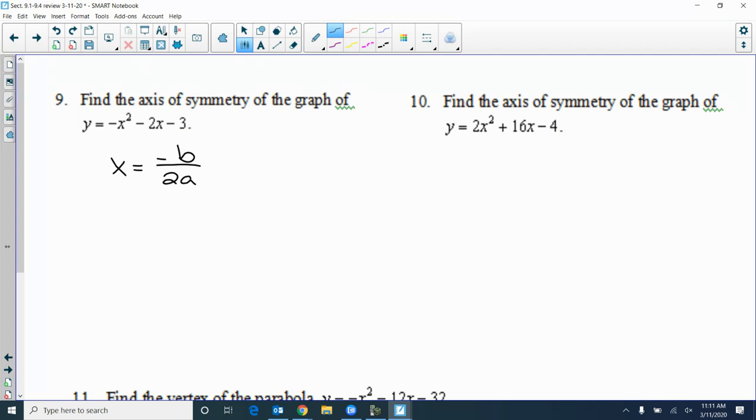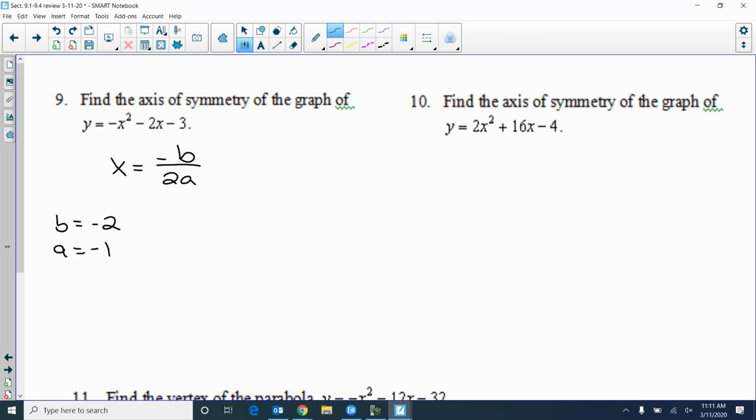So you plug in your b value, you plug in your a value. Kaylee, what is the b value? Good. B is whatever goes with the x. B is -2. What is the a value? No, a is whatever's in front of the x squared.